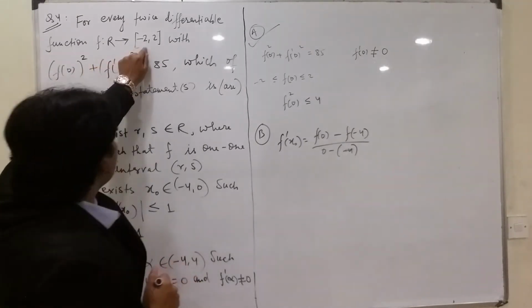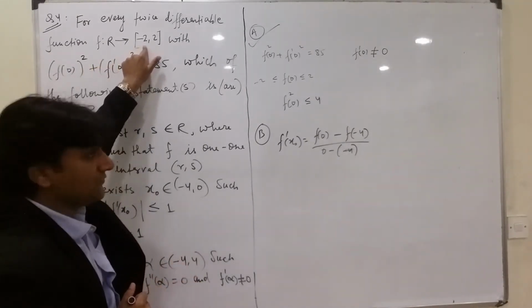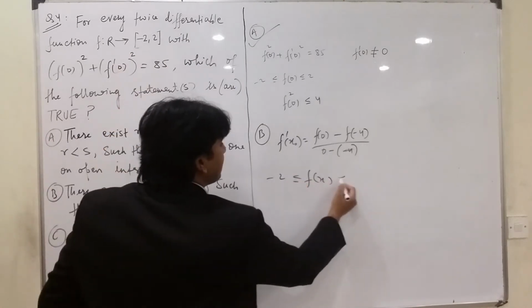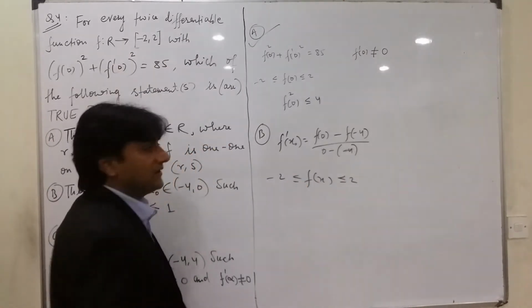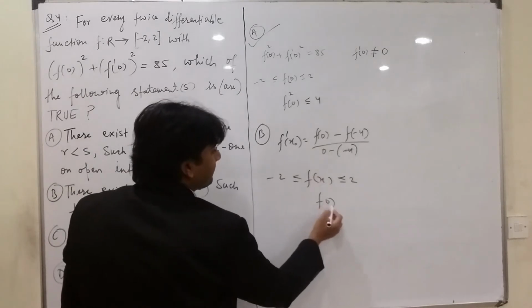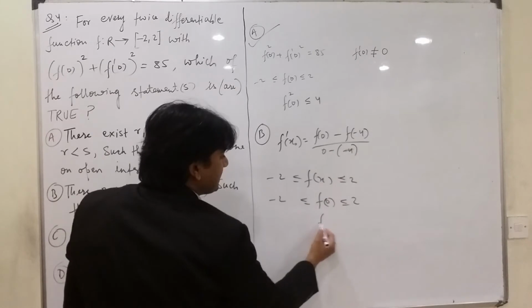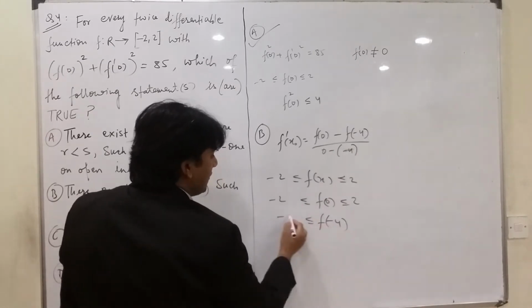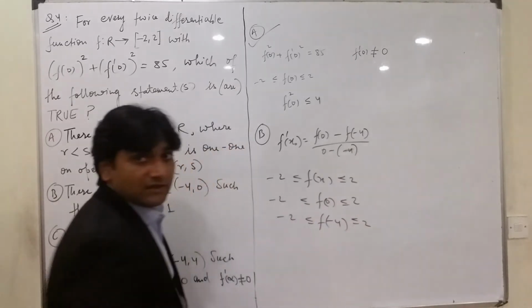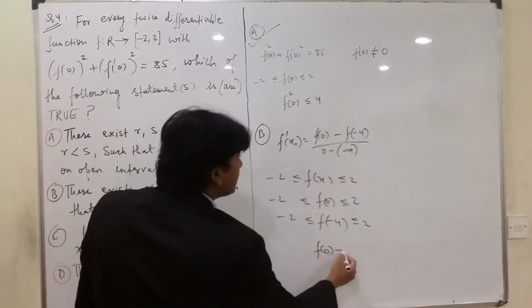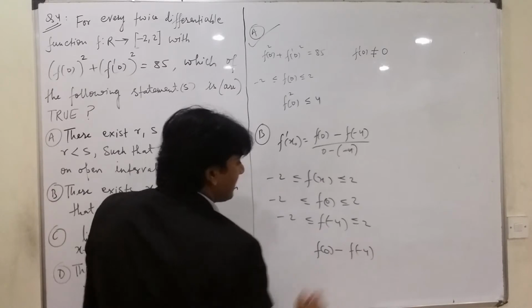For the codomain, if we observe, we have -2 to 2. So f of x can have values from -2 to 2. So f of 0 will also be in -2 to 2 and f of -4 will also have a value from -2 to 2. Now we need to find f of 0 minus f of -4.